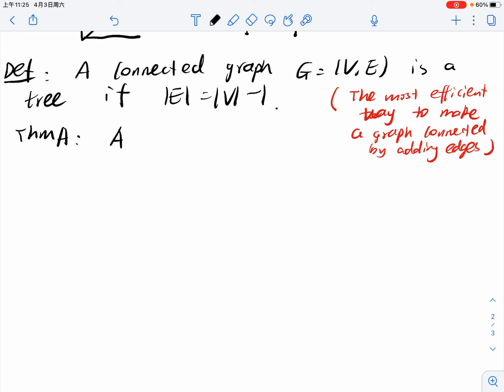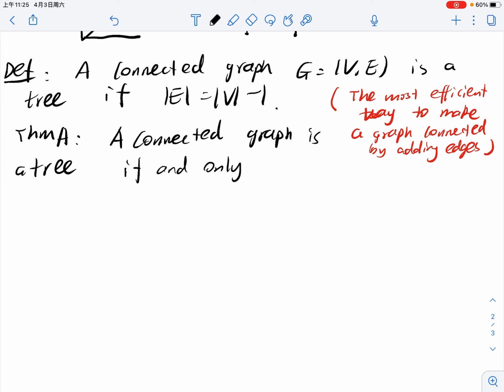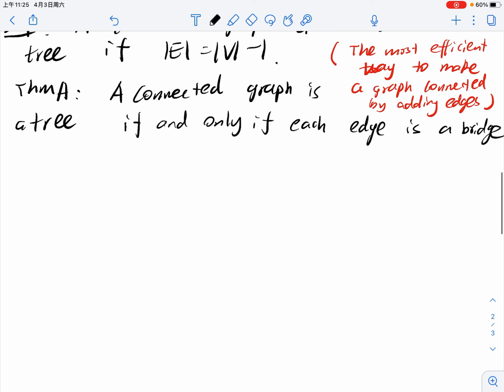Then Theorem A says a connected graph is a tree if and only if each edge is a bridge. Recall that in the definition of tree, we count the number of edges. And here we use a different characterization.